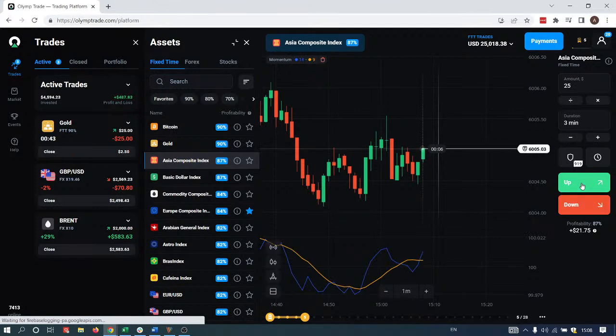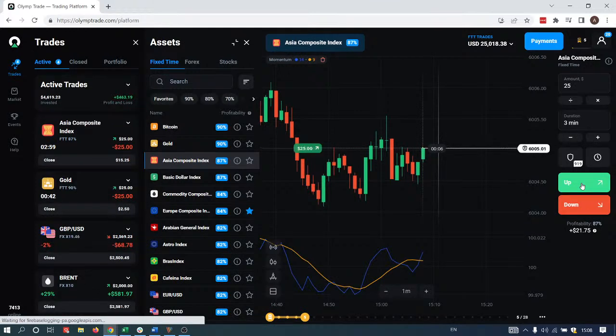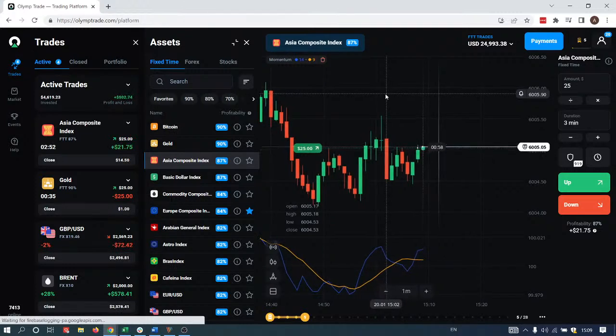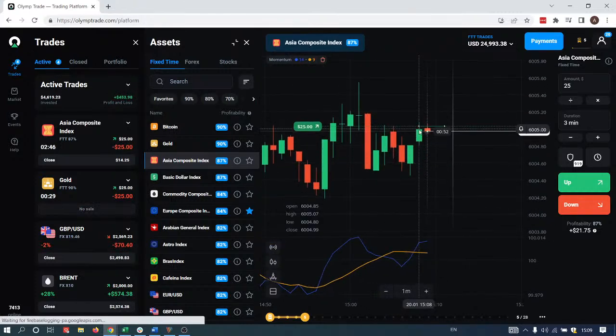Okay, now second signal here on Asia Composite Index. As you can see, we had a signal. Basically this crossing happened on the previous candlestick, so one candlestick ago, and I usually consider any signals that appeared 1 or 2 candlesticks back. Basically these are strong signals.